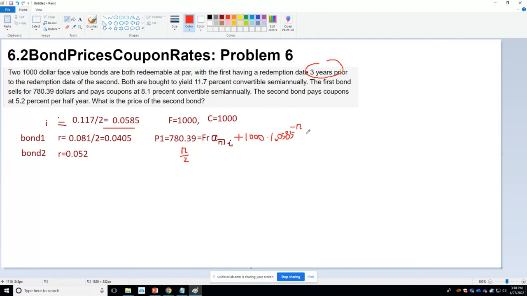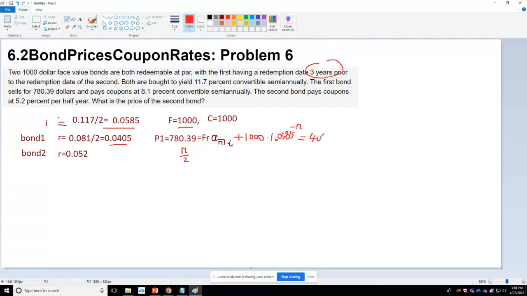And with that, we can set up an equation. So our equation goes: 1,000 times the coupon rate, which gives us 40.5.